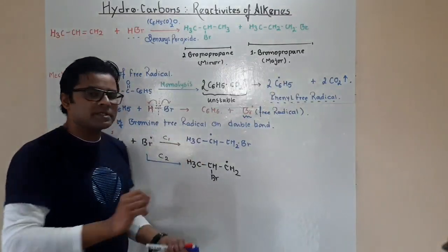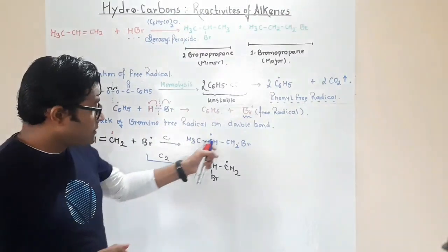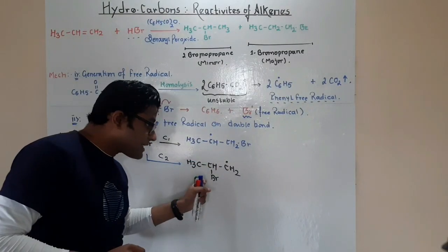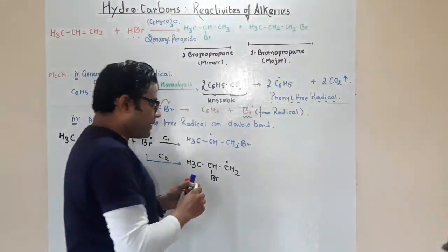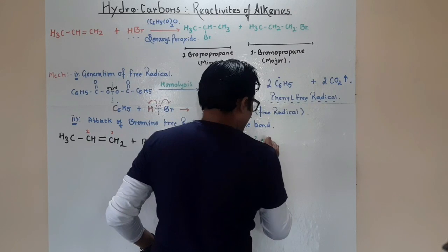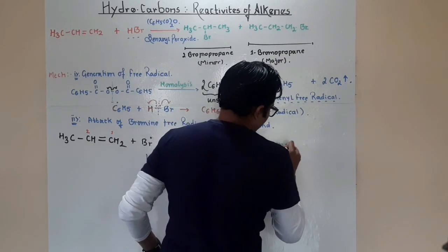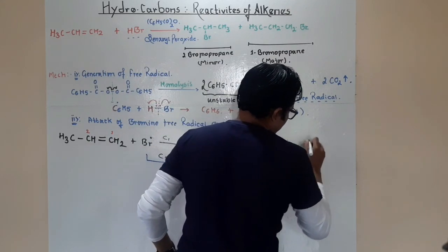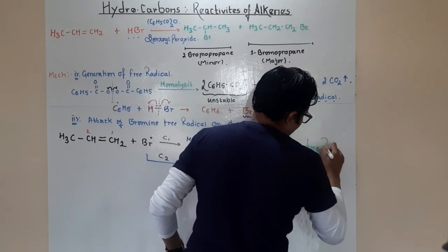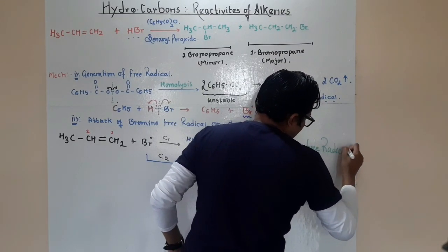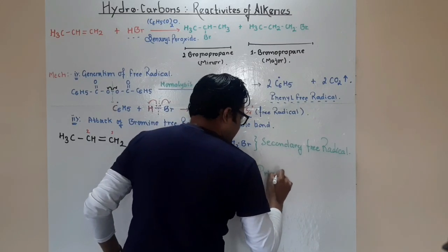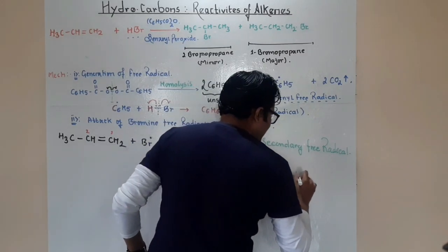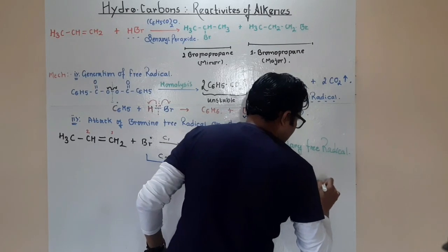Now, here again you have 2 different types of free radical. In the first case, it is a secondary free radical. Correct. In this second case, it is the primary free radical. So, again, secondary free radical, right, and here what we have is the primary free radical.